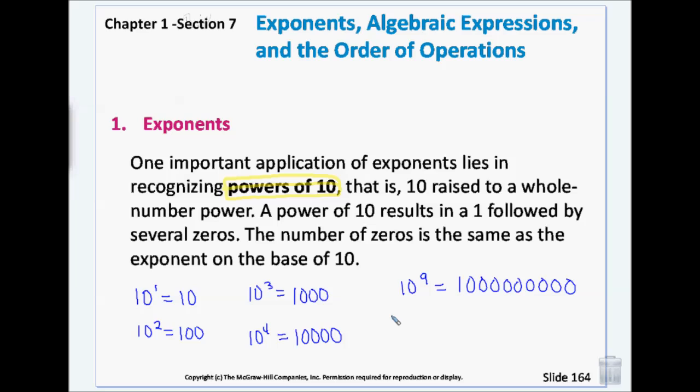Powers of 10 are very nice because you don't actually have to multiply anything. You just add zeros. And the number of zeros is the same as the exponent. Okay, so exponent equals the number of zeros.